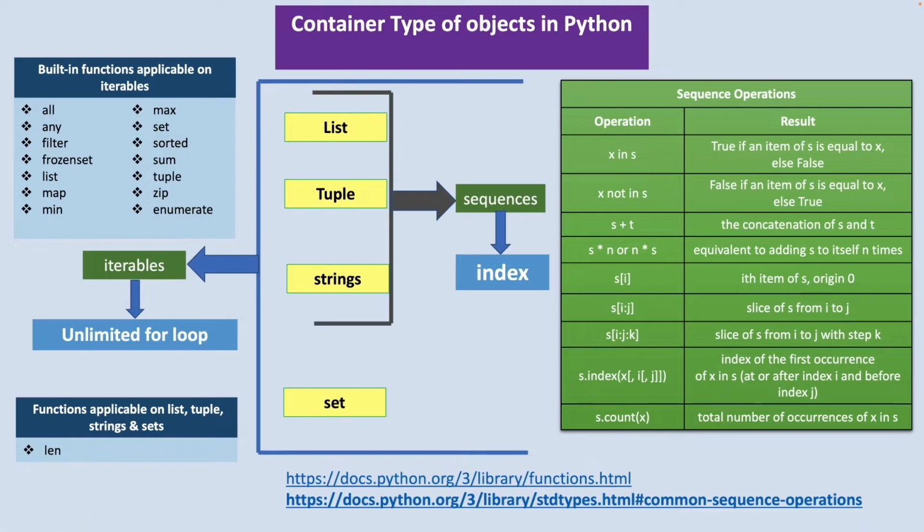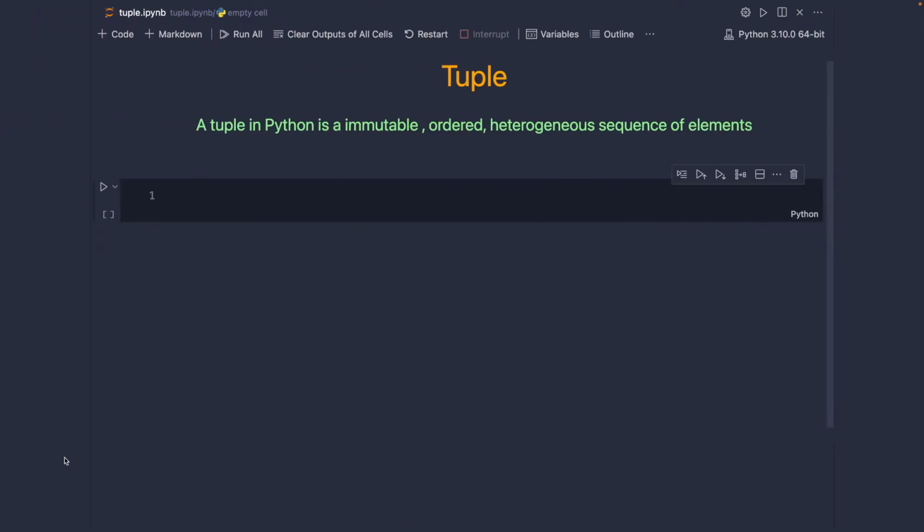So, let's understand the syntax of a tuple and how to create a tuple first. Let me write down a variable, i_tuple. To create a tuple, there is an explicit way: use the parentheses and then write down the different elements inside.